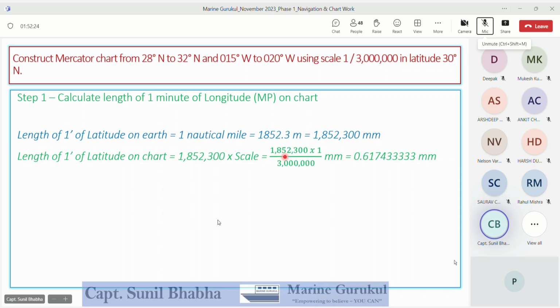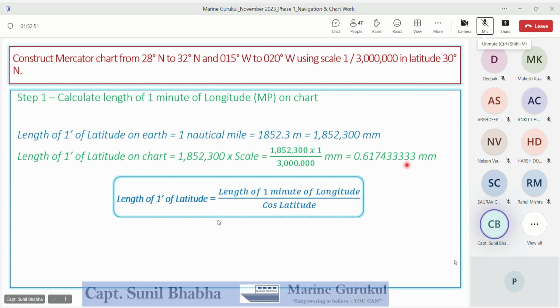The same thing is mentioned here, 1852300 multiplied by 1/3 million, and it gives us a value of 0.61743333 millimeters. We have taken it up to a high accuracy because that makes our calculations all the more accurate.